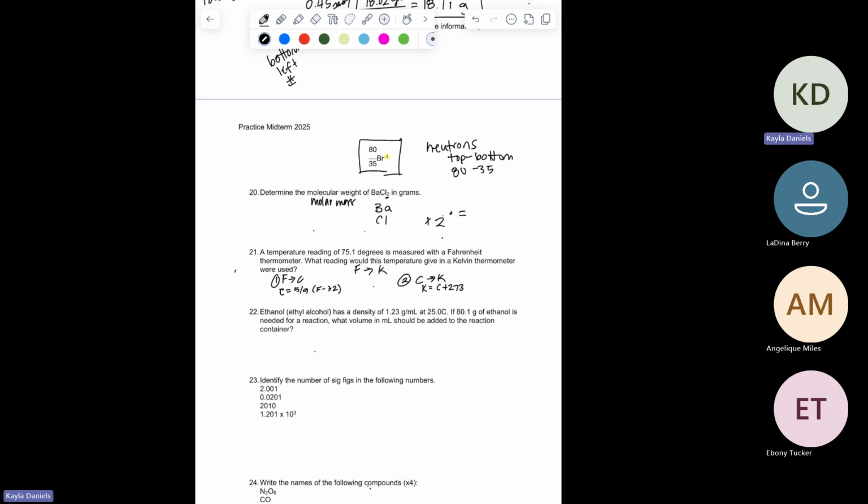Oh, here it is. It has a molar mass of 137.33. And then chlorine has a molar mass of 35.45. So I'm going to take 35.45 times 2.